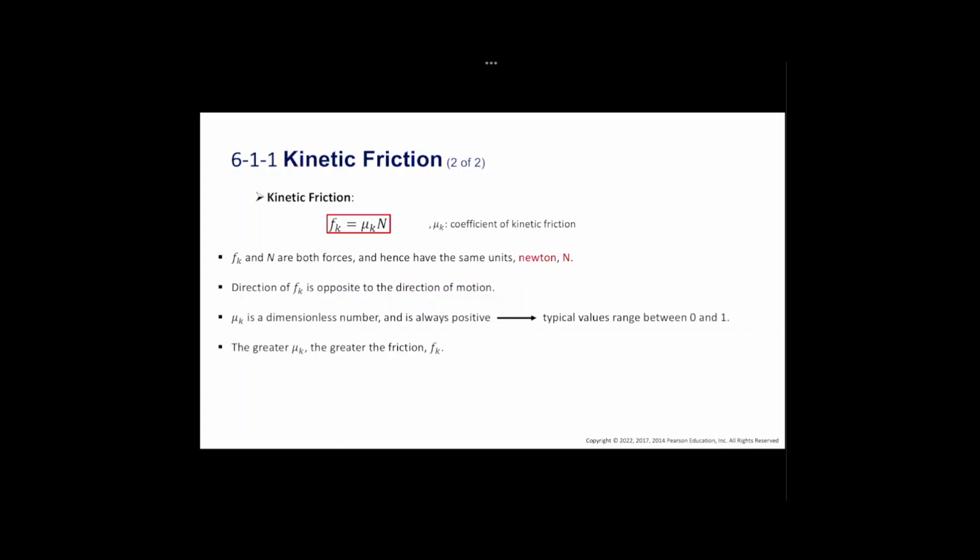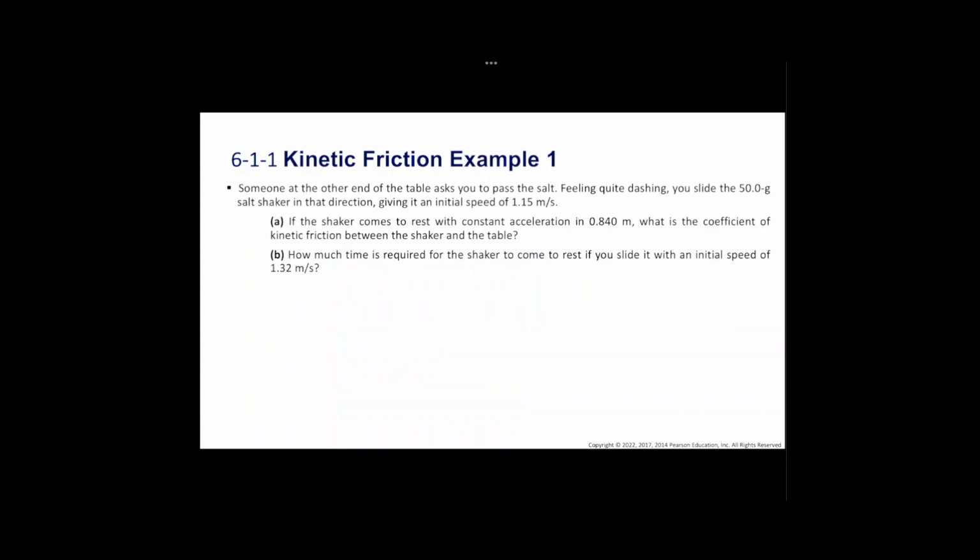And when mu k is greater, then the friction Fk is also greater. And the kinetic friction is independent of the relative speed of the surfaces and independent of the area of contact between the surfaces. Now let's see an example that considers a commonly encountered situation.